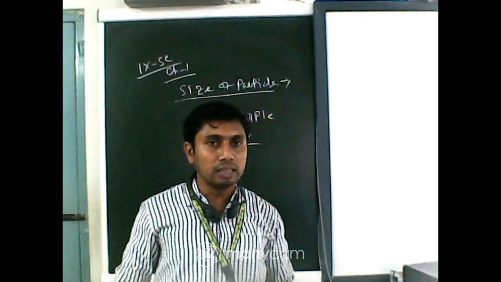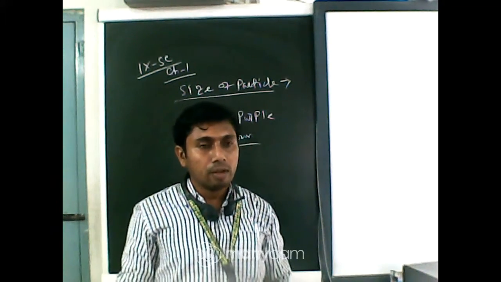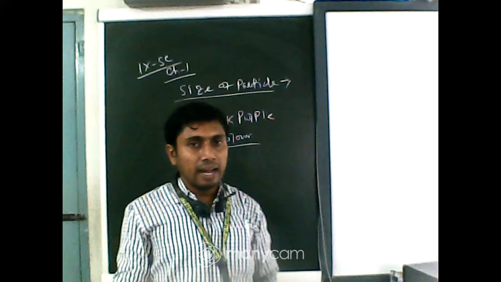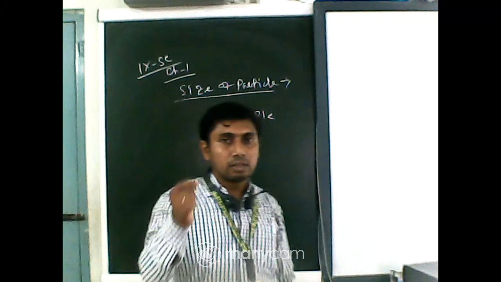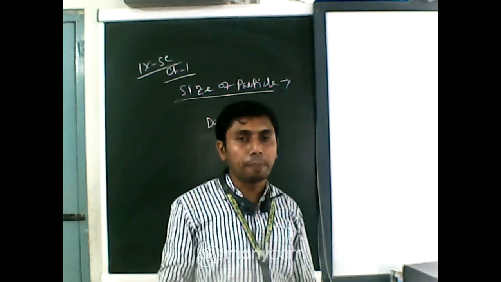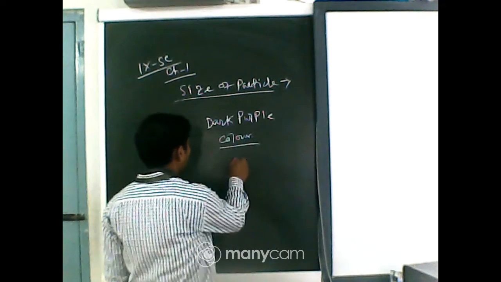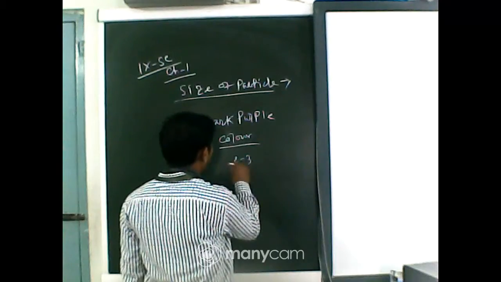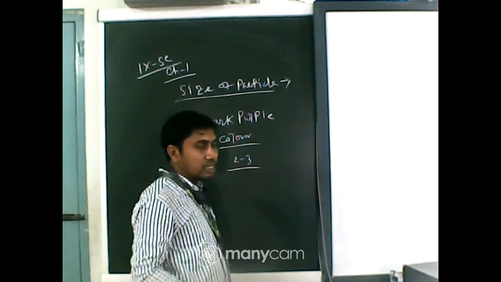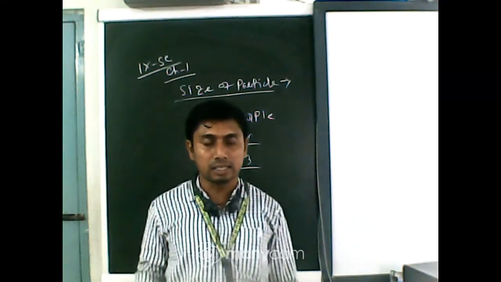It is found in crystalline form, and 2 or 3 of these small particles are easily visible to our eyes.